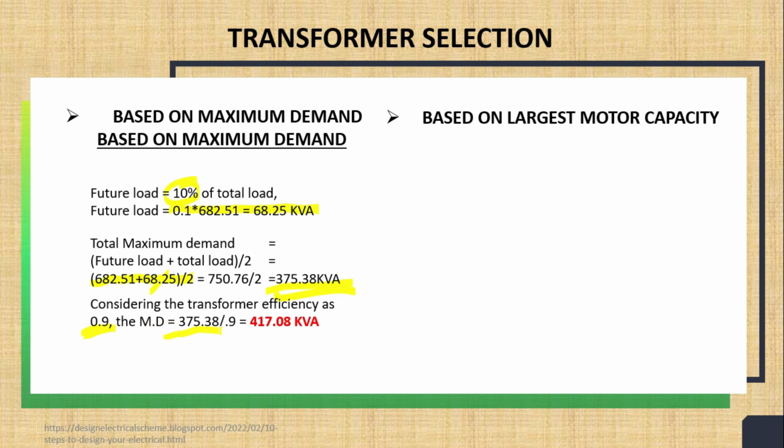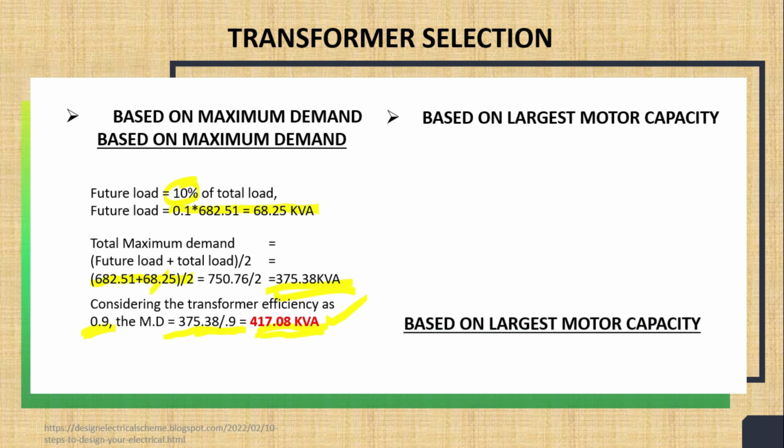Then the maximum demand divided by transformer efficiency will give you the correct rating, which is 375.38 divided by 0.9, which equals 417.08 kVA. Now this is the required capacity of the transformer based on maximum demand method.